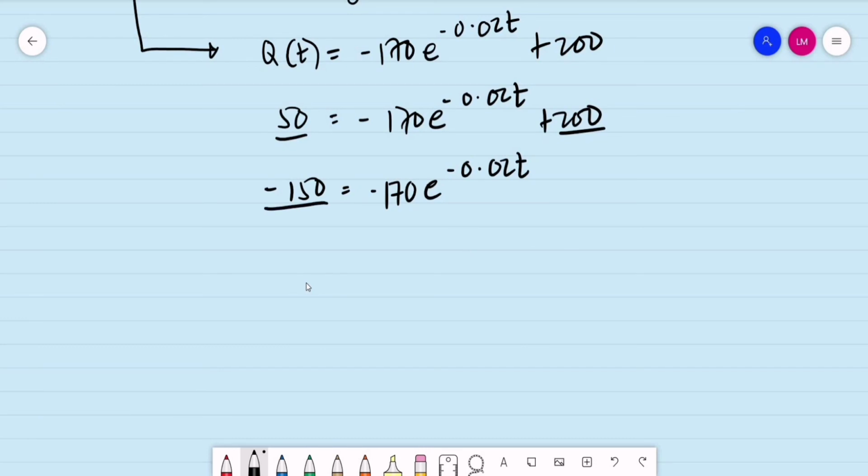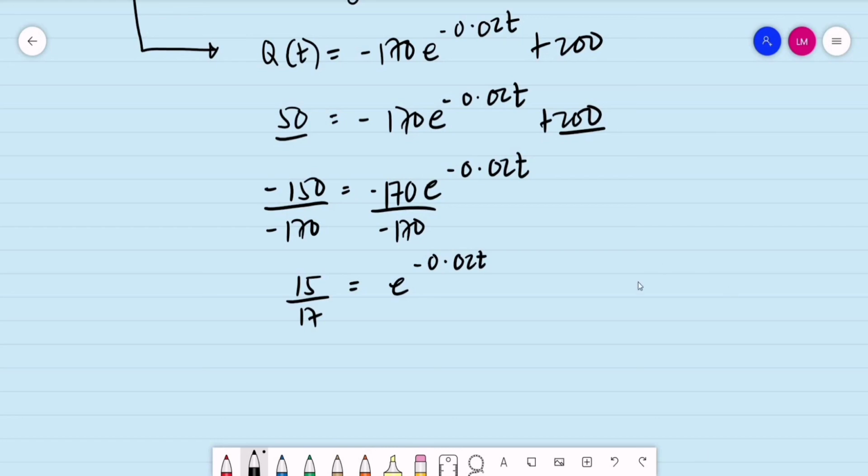Then we divide both sides of the equation by negative 170. So that will be positive 150 divided by 170, or if you reduce that fraction, 15 over 17, is equal to e raised to negative 0.02 of t.